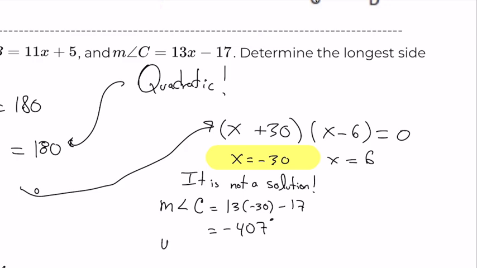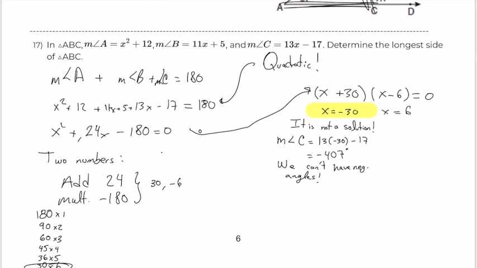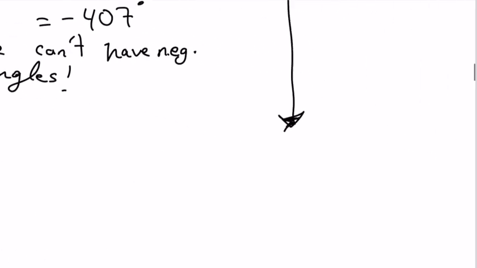And so we cannot have negative angles. X can be negative, but if I plug it in and I get a negative angle, I don't like it. If you don't include this argument for the second solution, I am lowering points, kids, not giving you full credit.